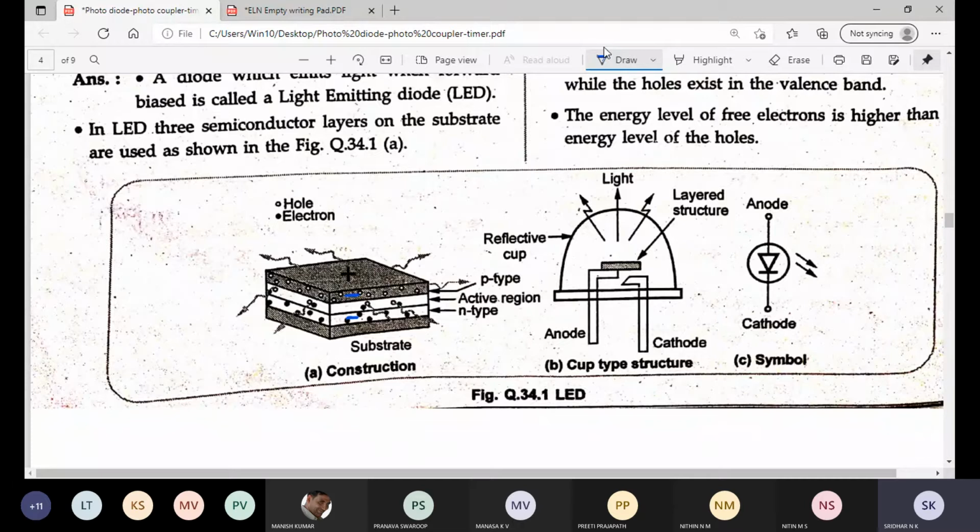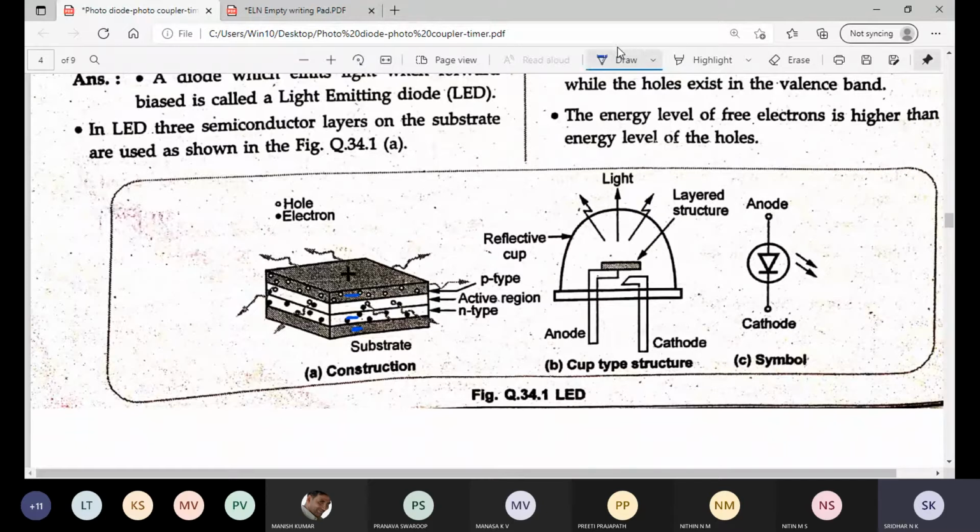The down plate is called the substrate. Substrate means it is a base. The main working principle of this LED is the energy band. If you know the energy band functionalities, it will be easy for you to understand the functioning of LED.